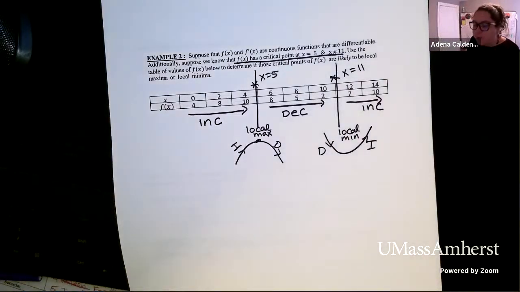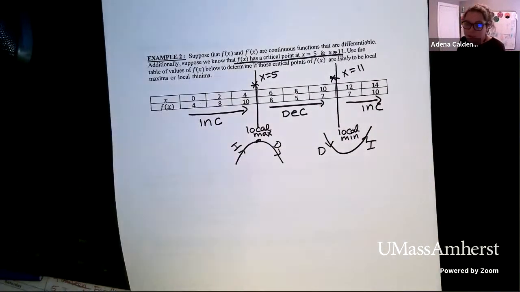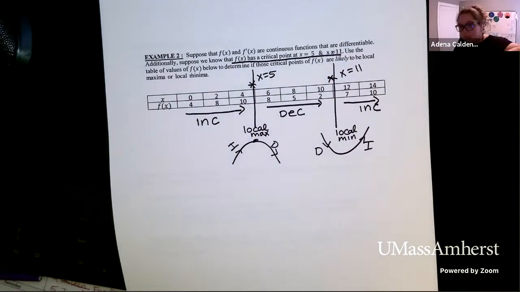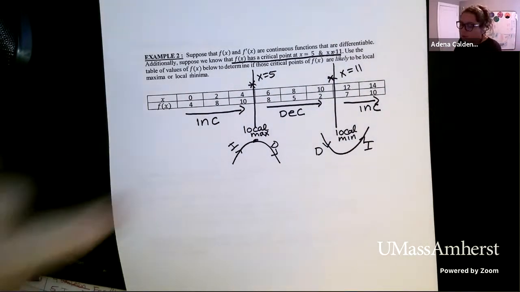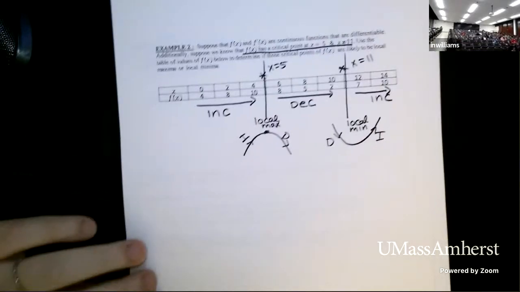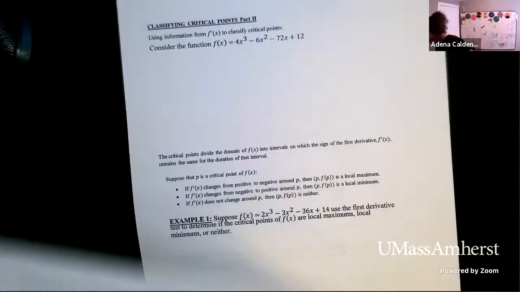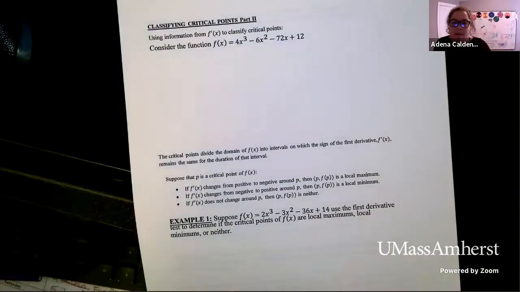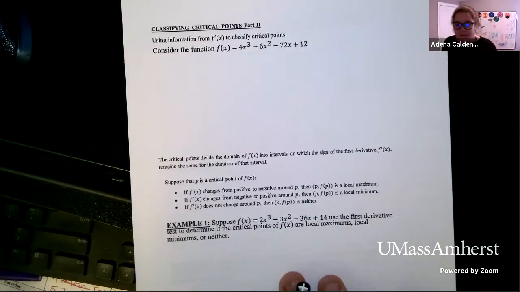So if you have information about the original function, f of x, you want to know where it's increasing and decreasing to help you classify your critical points. Okay. Now, the next test that we're going to look at to classify critical points is the first derivative test.